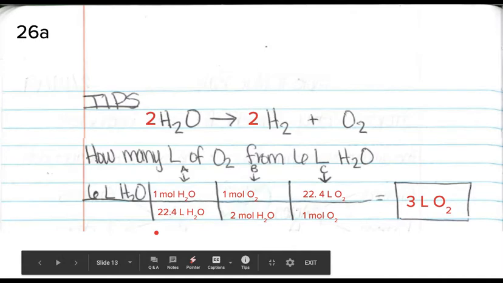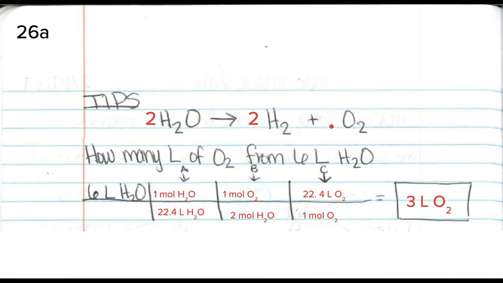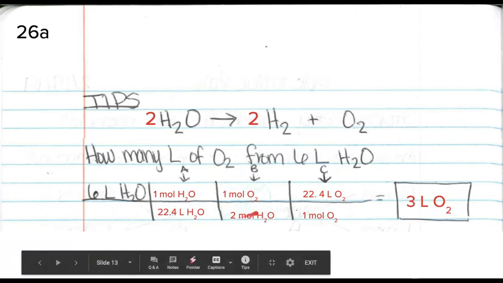Something else I would like to clarify here is the reason why this is 1 mole of oxygen is because there is 1 coefficient in front of oxygen in the chemical equation. The reason here why it's 1 mole of oxygen is because we are converting from moles to liters.